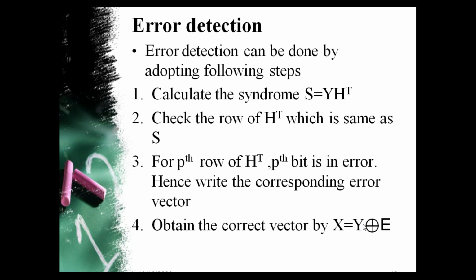Then adding Y plus E gives the actual transmitted word. That is, once the error is detected, adding the error vector corresponding to that particular error to the received code word gives the actual transmitted word, X equal to Y plus E.